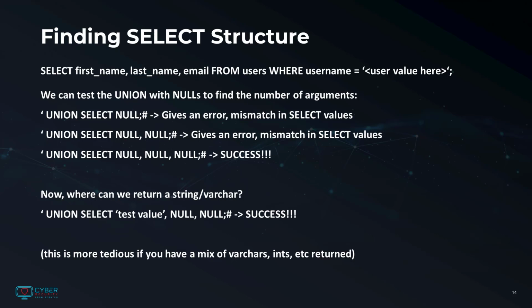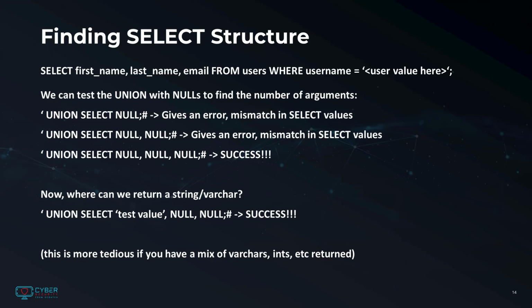Next, we're going to want to test where in this statement we can return a string or a varchar, so that we know where we can pull our passwords out. In this case, if we say union select and then have some sort of test value string there, we'll see if that barfs or actually returns a correct value. Here it's a simple statement that just has 3 varchars being returned, so that's nice and easy.